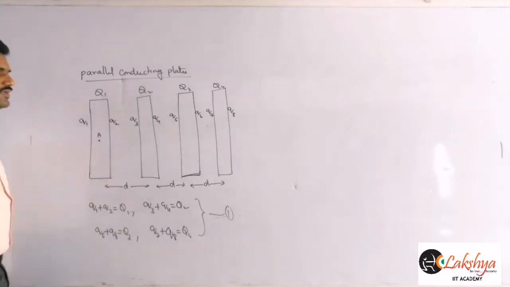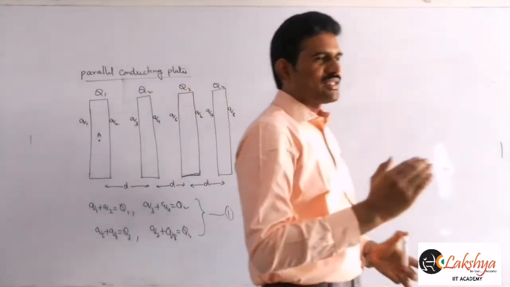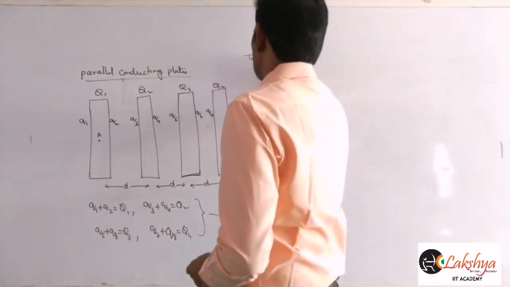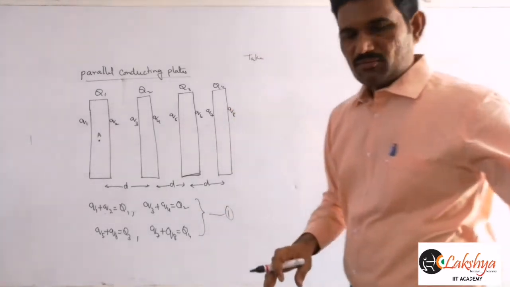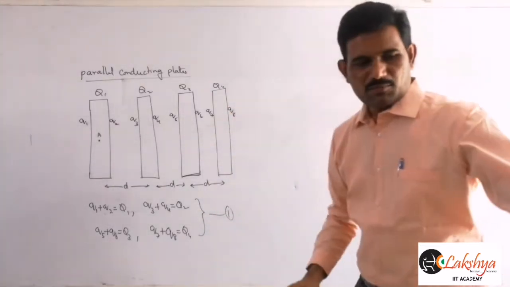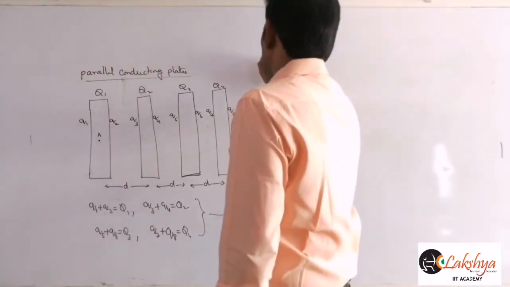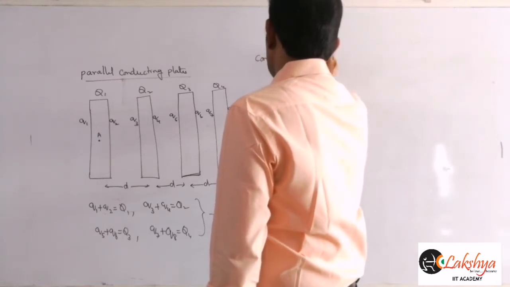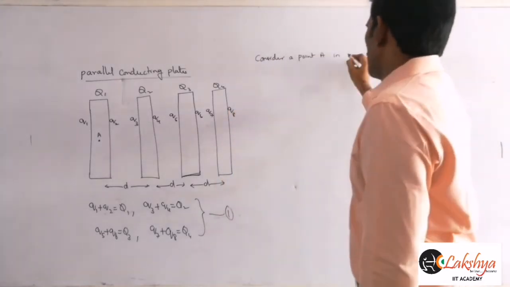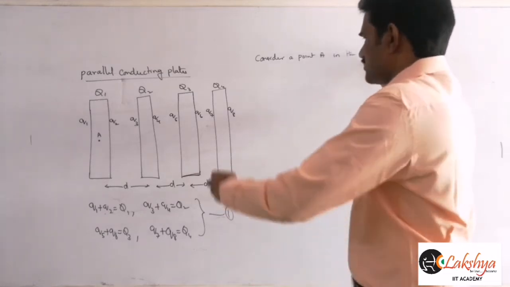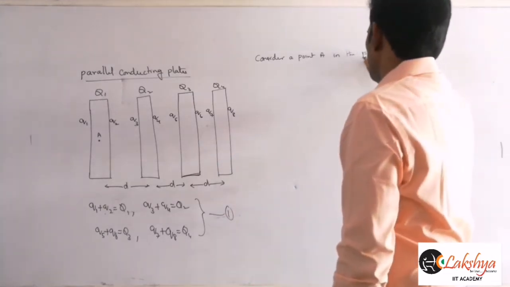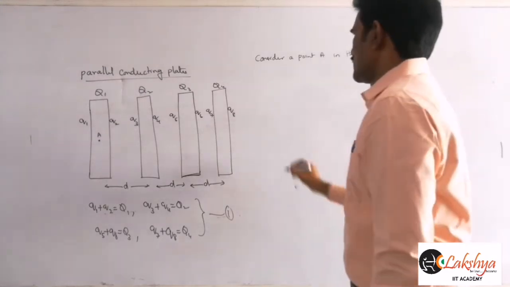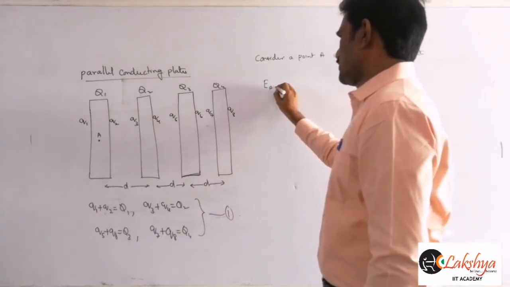We need to write the resultant field at that point A. So consider a point A inside this conducting plate, in the first conducting plate, counting from the left side. Now I am going to write the resultant electric field at that point.